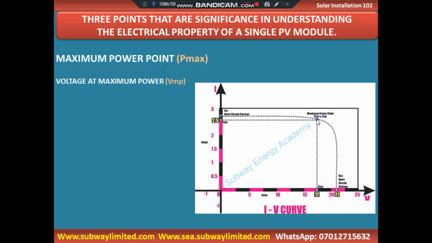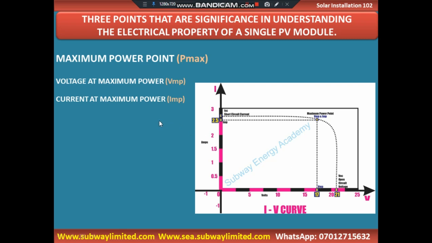So this is your point A on this graph, and your point A is a combination of 2 points: the voltage at maximum power and the current at maximum power. I've already said that the maximum power is IV. So for you to have your maximum power, there must be a maximum current and there must be a maximum voltage that the solar panel will reach when they are exposed to the sun.